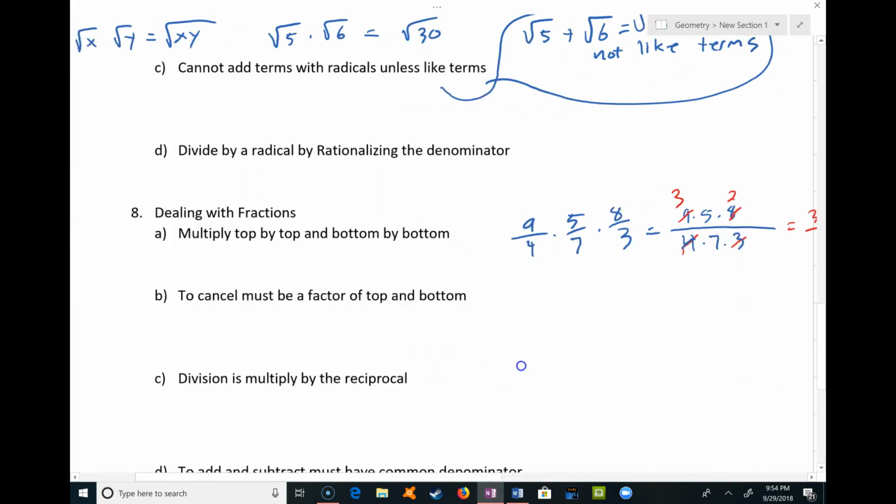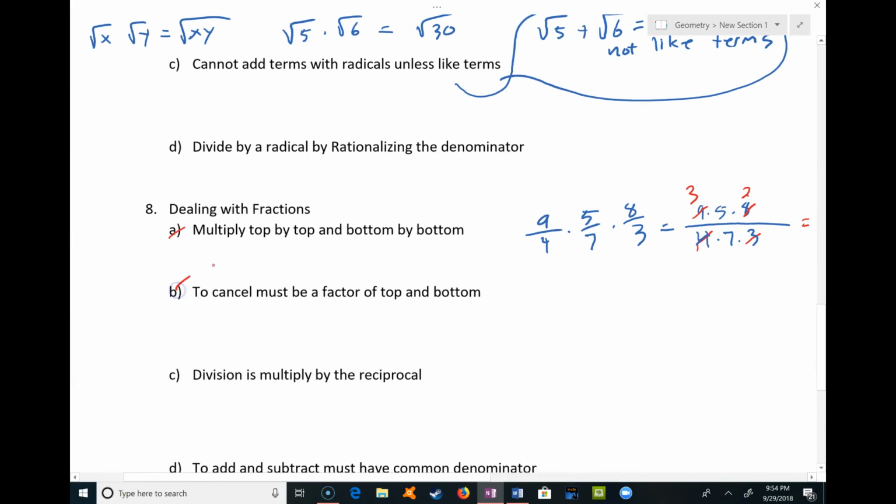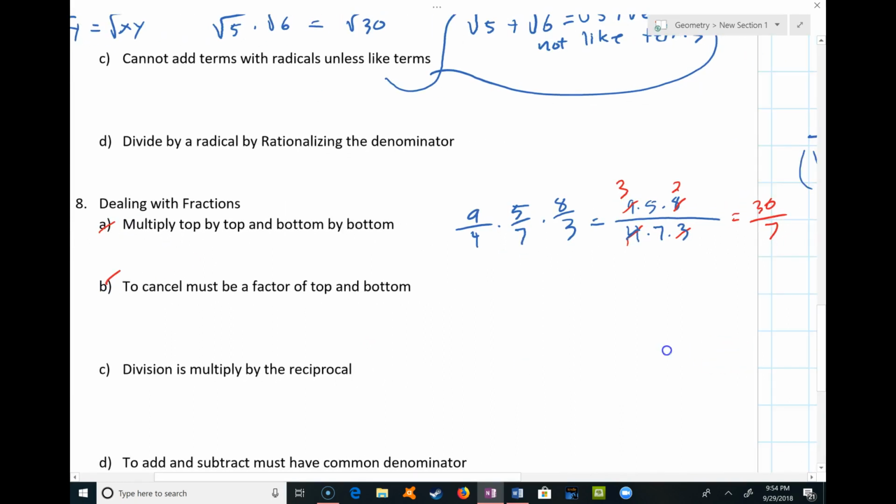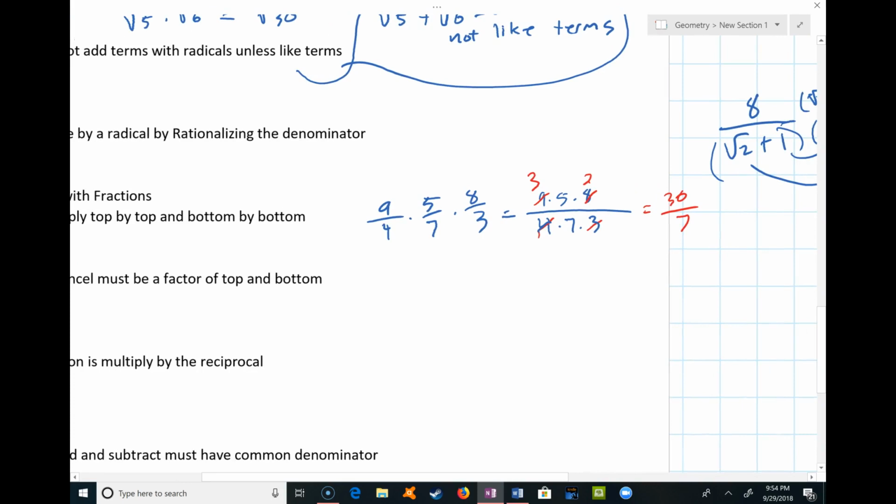So that's both multiplying and canceling. You want to keep just that general idea in mind, that you multiply the top by the top and the bottom by the bottom, and it doesn't matter how many fractions multiplied together we have. Still, everything on top is multiplied together, everything on the bottom is multiplied together.